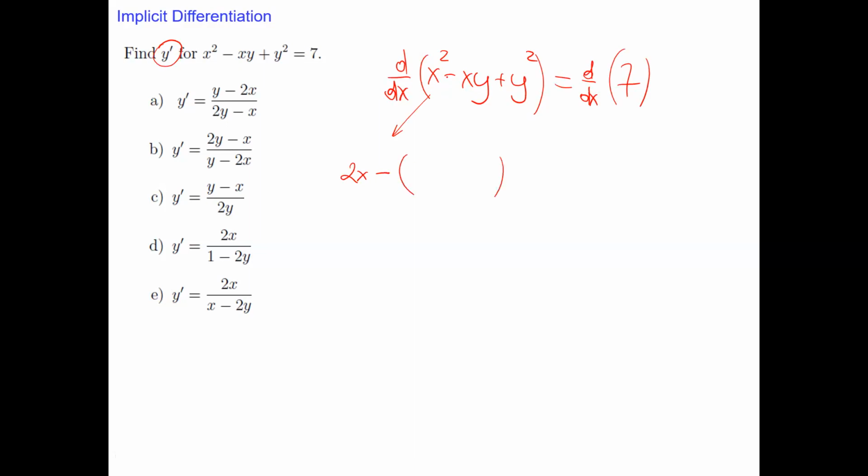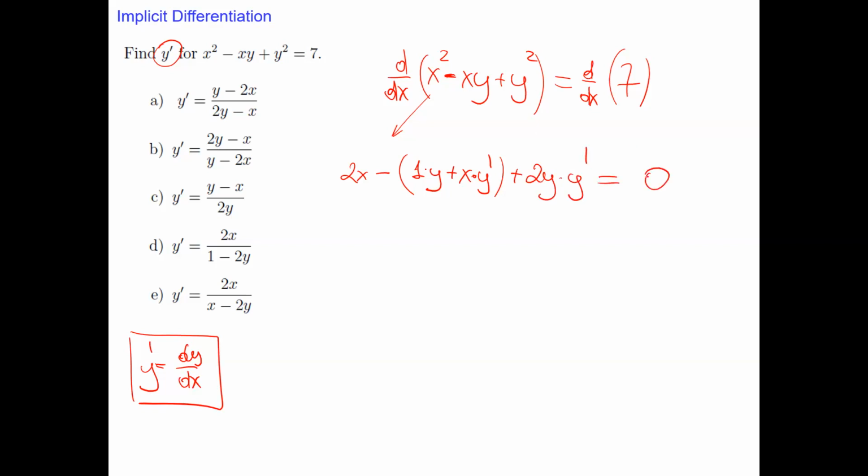I will open parentheses because it's negative. Derivative of x is 1 times y plus x, and derivative of y, it's y prime, or dy dx. I am using shortcut, dy dx is y prime. Now, derivative of y squared is 2y times y prime. Okay, derivative of 7, the constant, is 0.